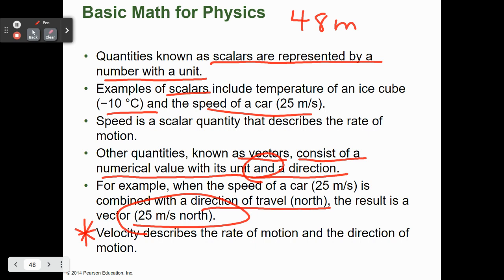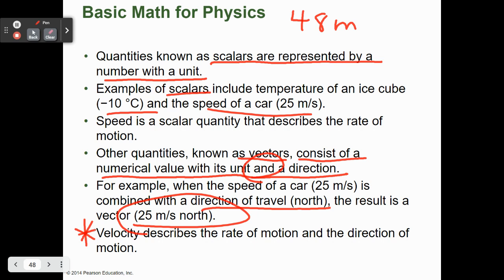Question: velocity stems from the word vector, I guess? Well, there are other vector quantities. Is velocity just like the vector version of speed, while vectors could be other dimensions too? Exactly, yes.